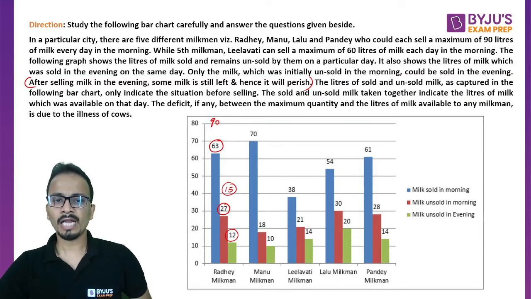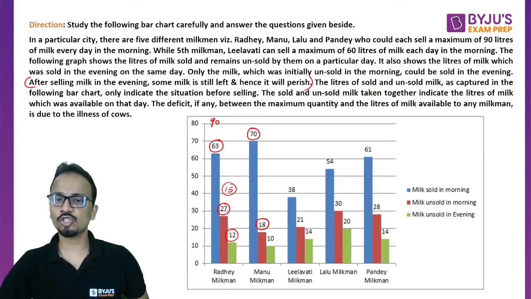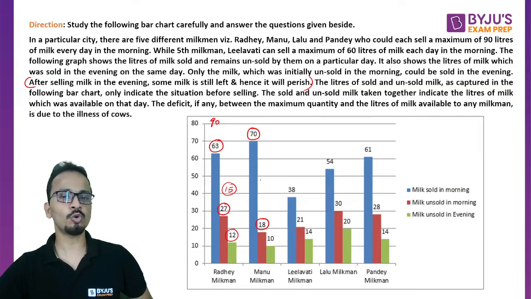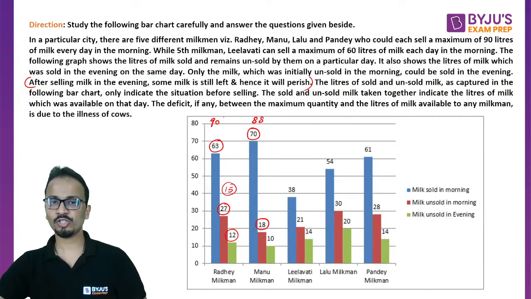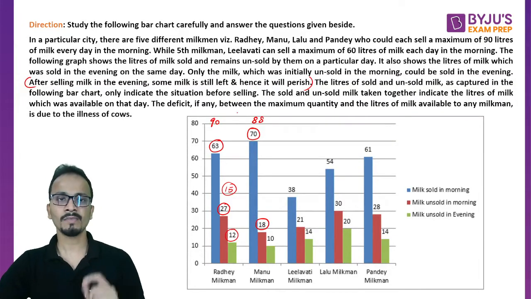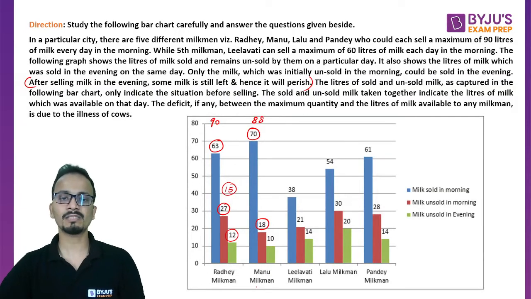Okay. Now if I talk about Manu milkman, 70 liters is sold in the morning, 18 is left unsold in the morning. So that means ये total milk कितना लेके आया था, 70 plus 18, that is 88 liters. Okay, so this is the relevance of the last line. The deficit, if any, between the maximum quantity, Manu के लिए कितना था, 90 liters.